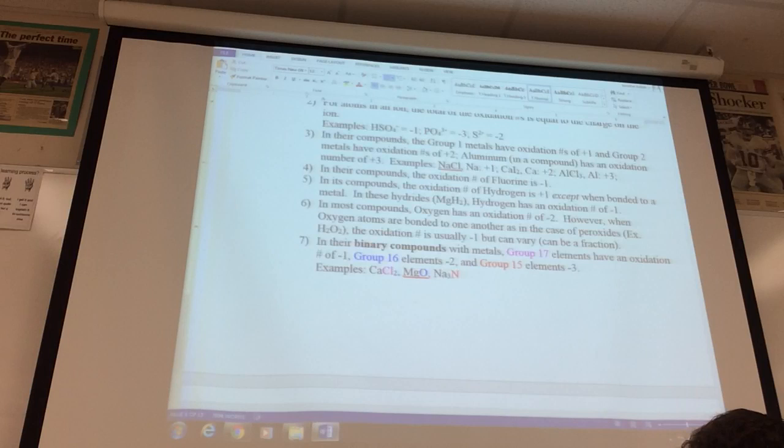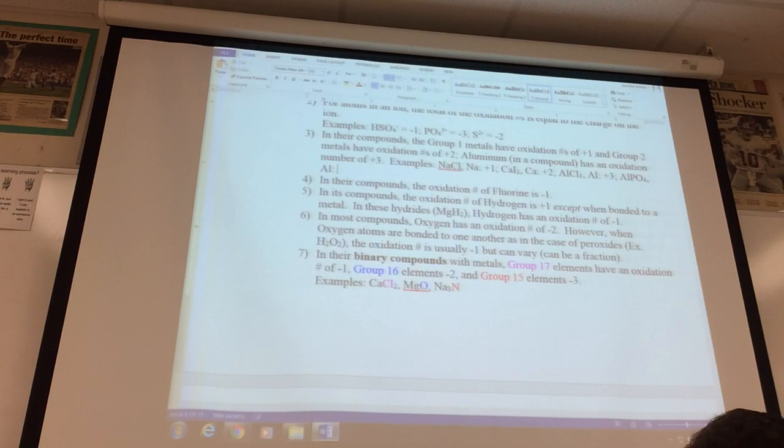Let's say, for example, you had aluminum phosphate. The aluminum +3, okay? Oxidation numbers are plus or minus, then the number. Charges are number, plus or minus.